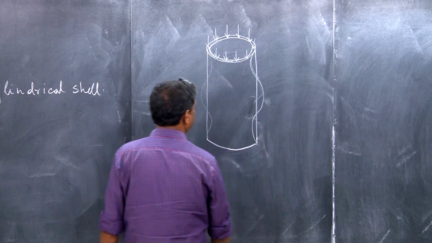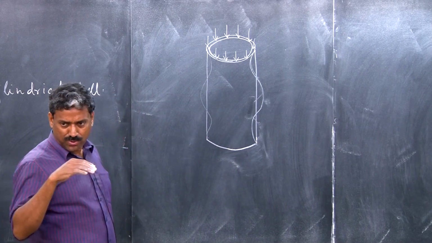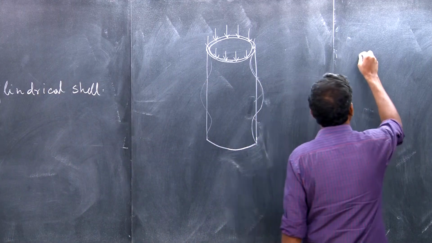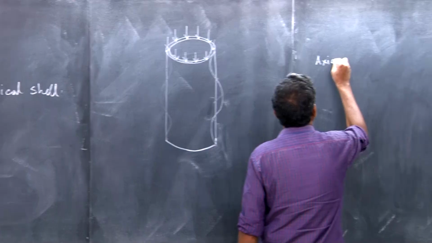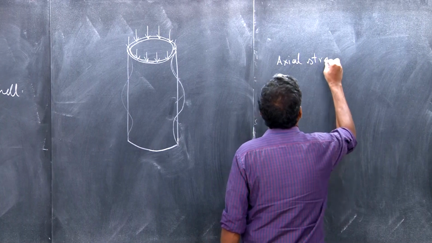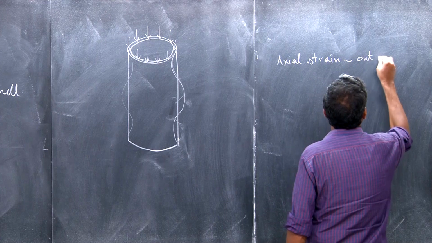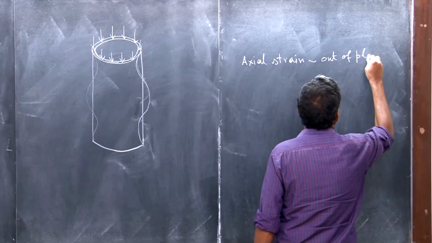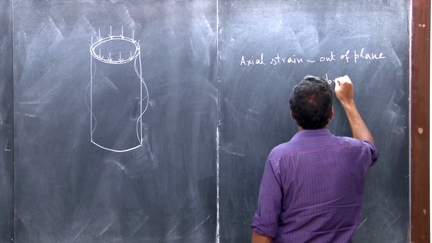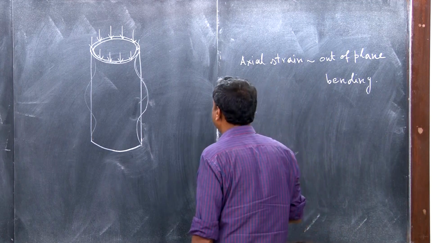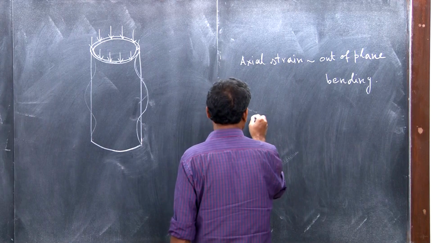There will of course be axial strain along with that, because of out of plane bending: axial strain due to out of plane bending. And there will be another strain, because it is being compressed.